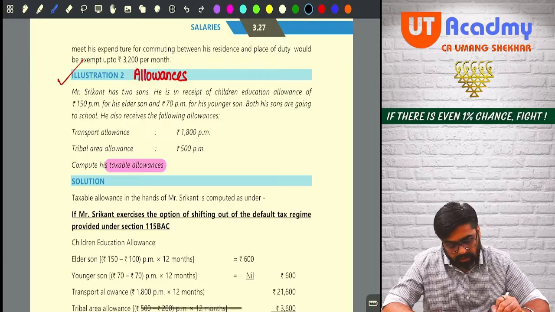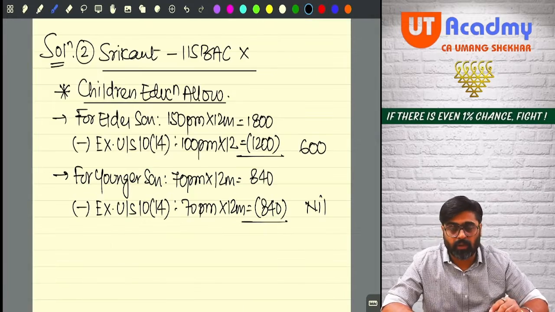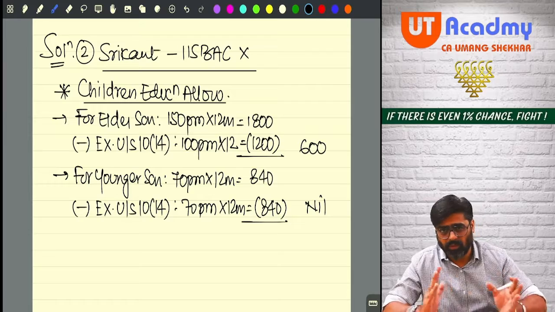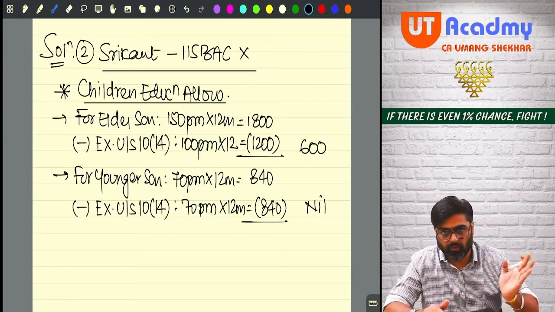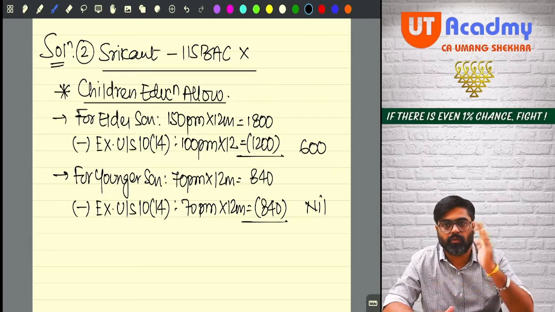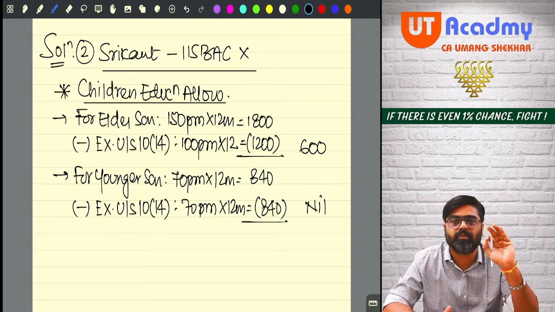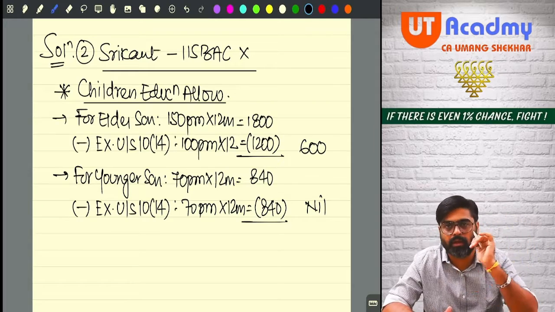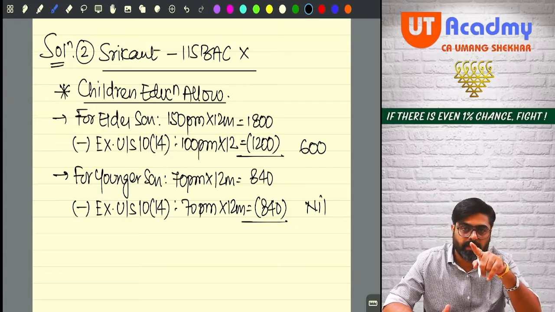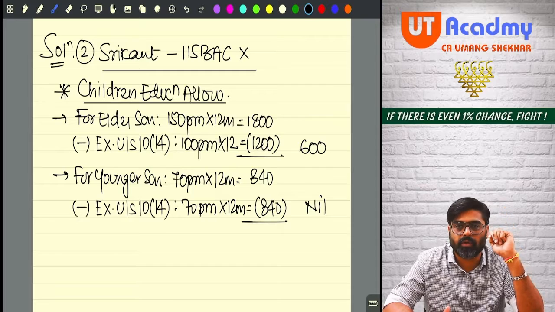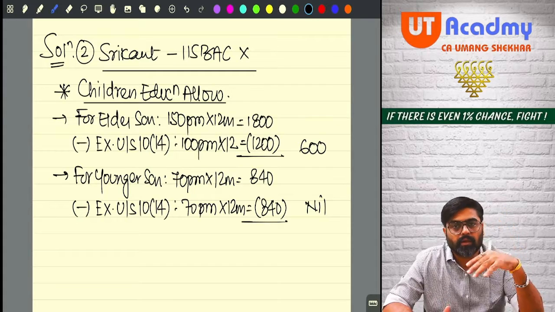Along with this, he is getting what? Transport allowance of 1800. See, transport allowance means from office to residence, residence to office. Whatever commute happens, whatever allowance is received for that is either commutation allowance or transport allowance. If Shrikant had been a handicapped employee, then this 1800 would have been exempt because there the limit is 3200. Do you remember? But nothing is mentioned.